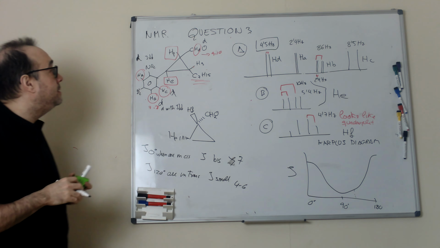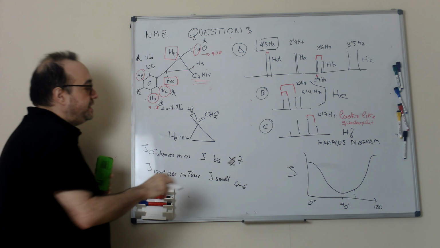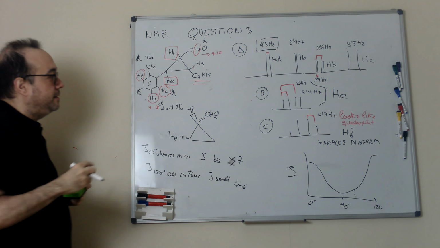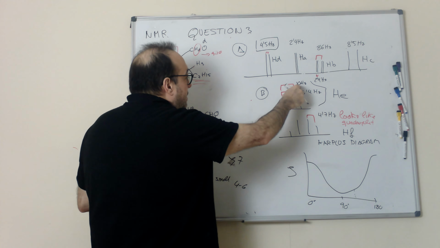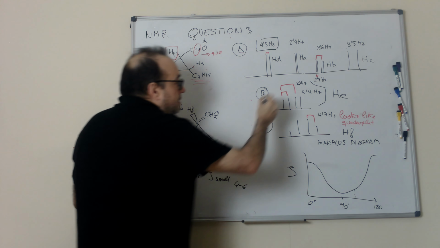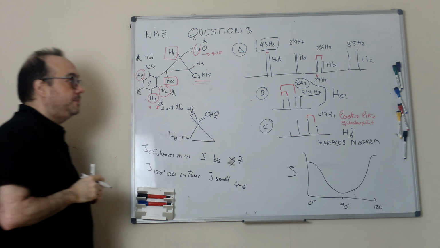Then, we know that HE is coupling with one hydrogen with a big constant and with a small constant with the other.